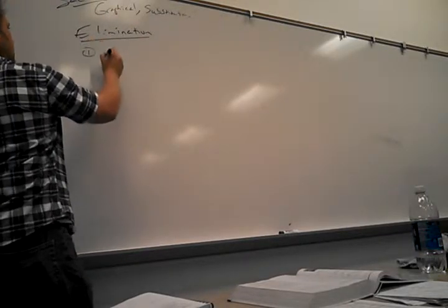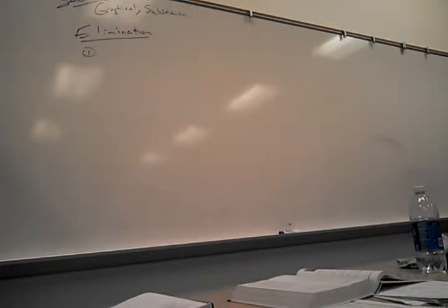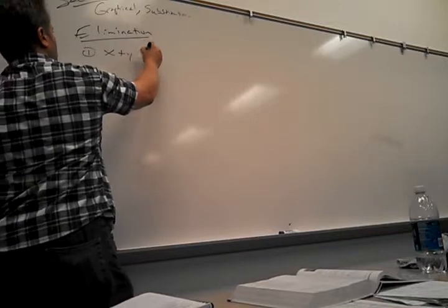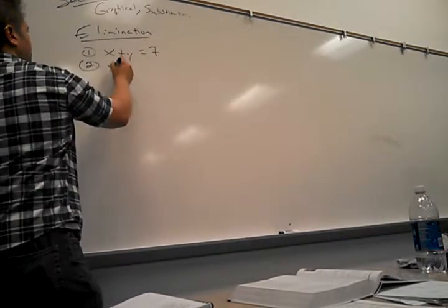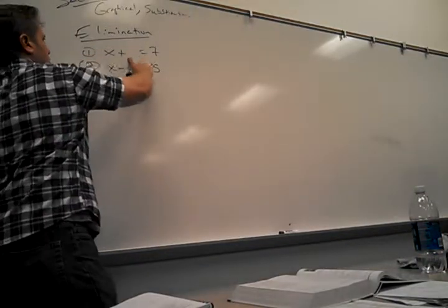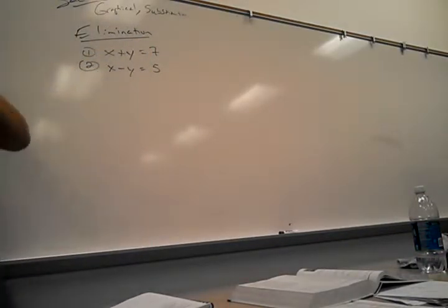And the process is really crazy straightforward as long as things line up the way they're supposed to. So what do I mean by that? If I have x plus y equals 7, and I have x minus y equals 5, let me see if I can get you guys to go with me.